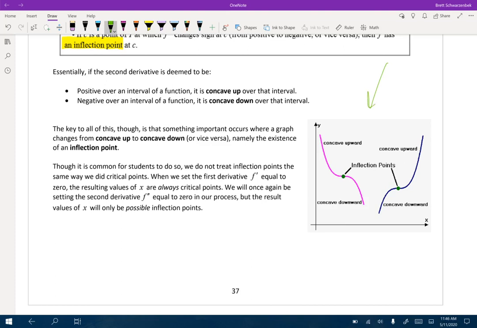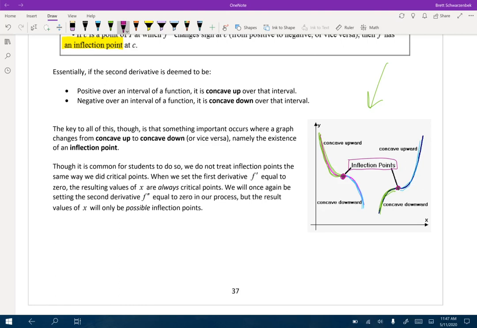If you have a concave up graph and then it turns into a concave down graph, so the concavity changes sign, then we identify the point where that happens as an inflection point. The same thing occurs if we start at downward concavity and it changes to upward. At the point where that occurs, we have what's called an inflection point.